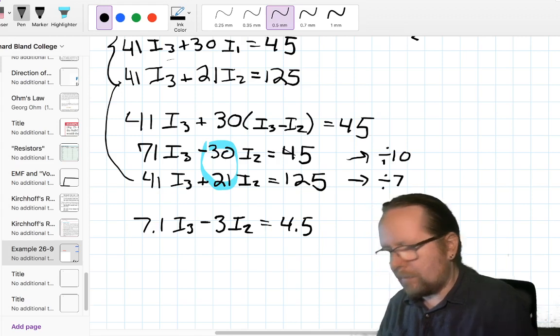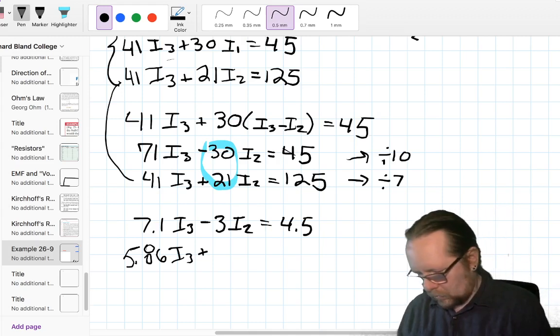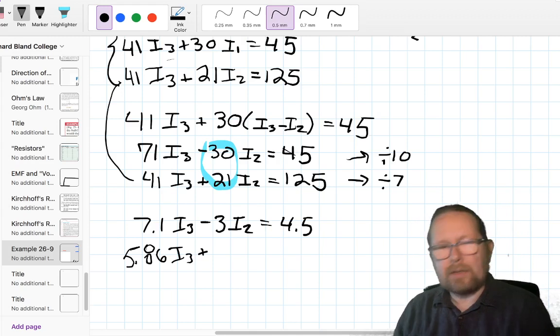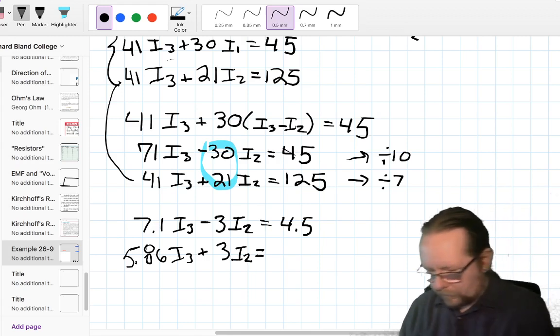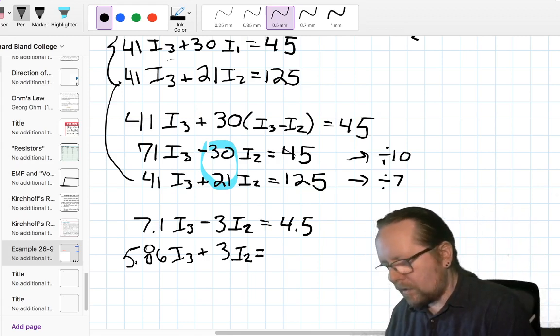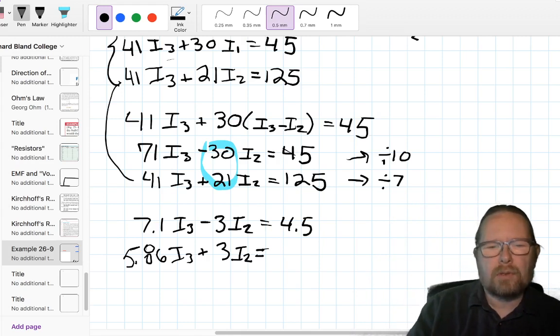We'll round that off to 5.86. 5.86 I3 plus 21 divided by 7 is 3. That's why I did this. Plus 3 I2 equals 125 divided by 7 is 17.86, more or less.